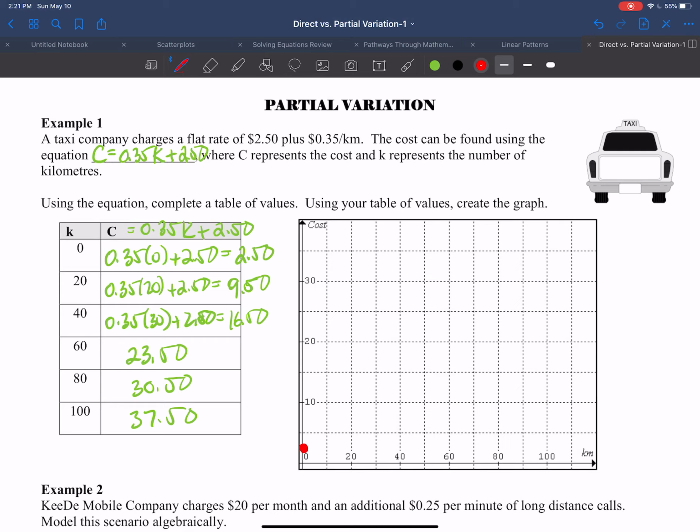So if we graph it, 20, 9.50; 40, 16.50; 60, 23.50; 80, 30.50; 100, 37.50.